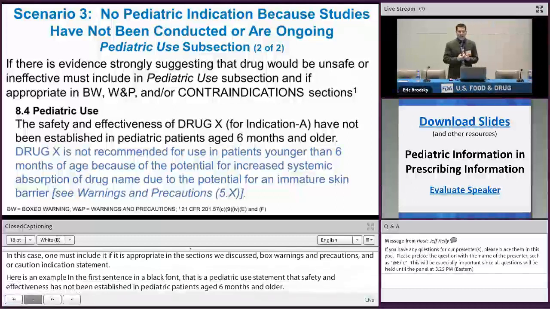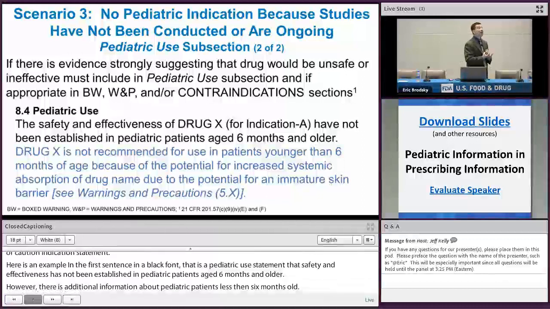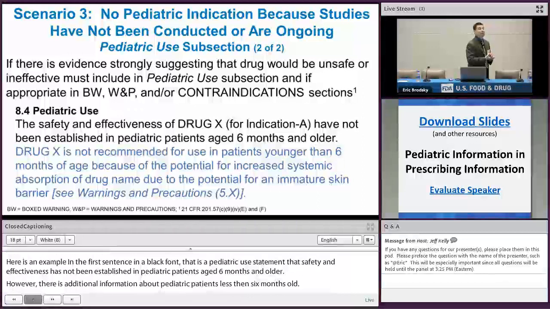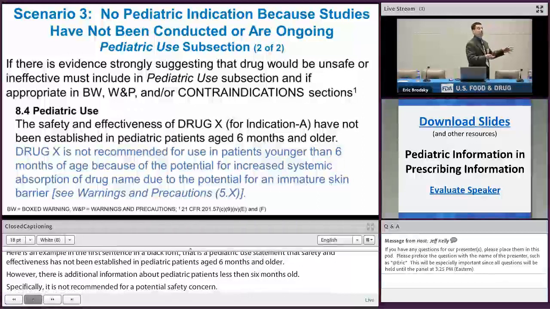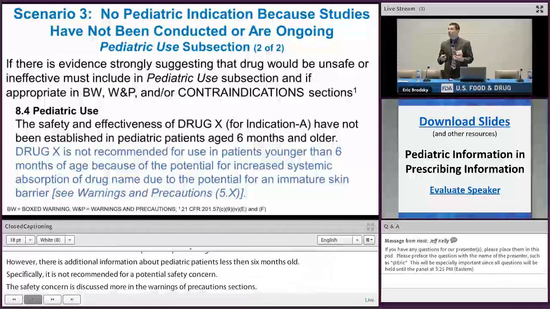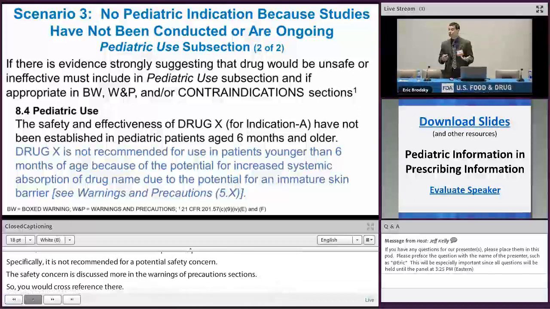Specifically, it's not recommended because of a potential safety concern. And the safety concern is discussed more in the warnings and precautions section, so you would cross-reference there. Again, we don't have pediatric data, but we have other data that strongly suggest a safety concern.